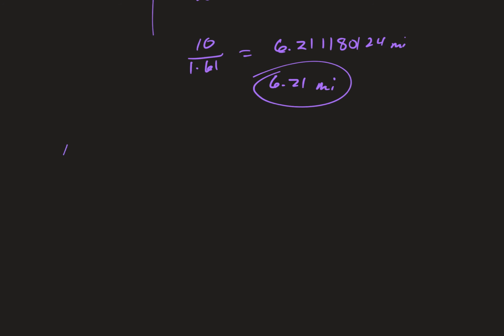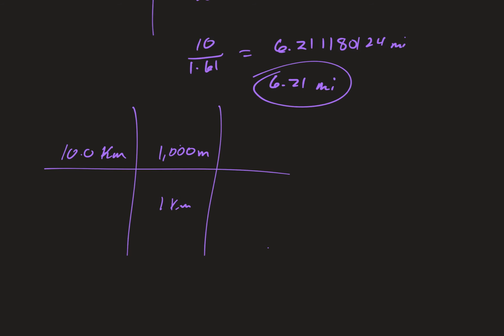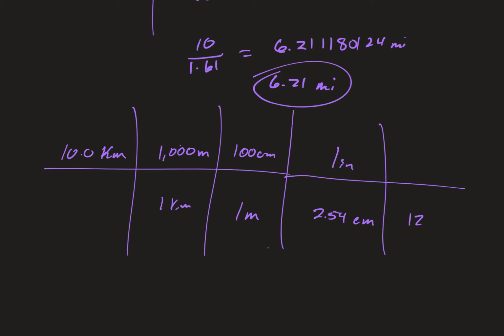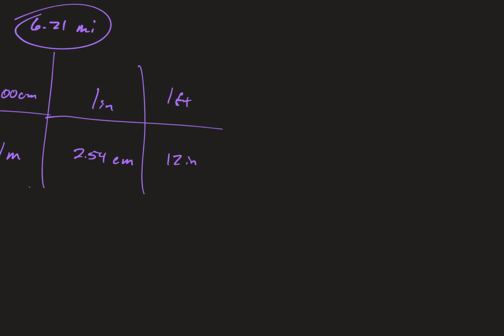If we do the full thing without any error, 10 kilometers, you would have to say this is equal to 1 kilometer is 1,000 meters. 1 meter is 100 centimeters. 2.54 centimeters is 1 inch. 12 inches is 1 foot. And 5,280 feet is 1 mile.